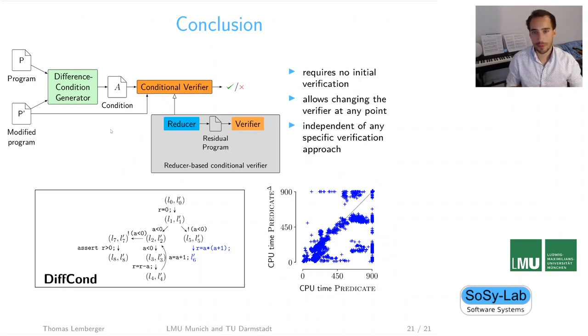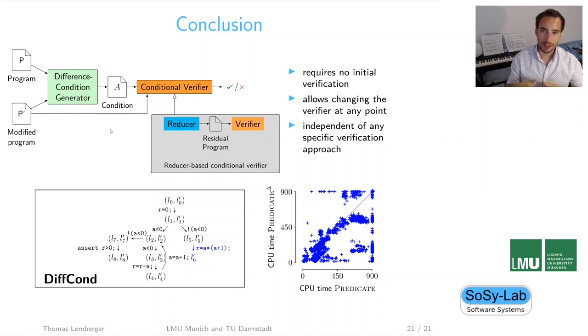To conclude, we presented the concept of difference verification with conditions that does not require any initial verification runs on big systems. It allows changing the verifier at any point in the verification process during software development, and it is independent of any specific verification approach. So developers are able to use any verification approach in any implementation that they want, and they can change that at any time.